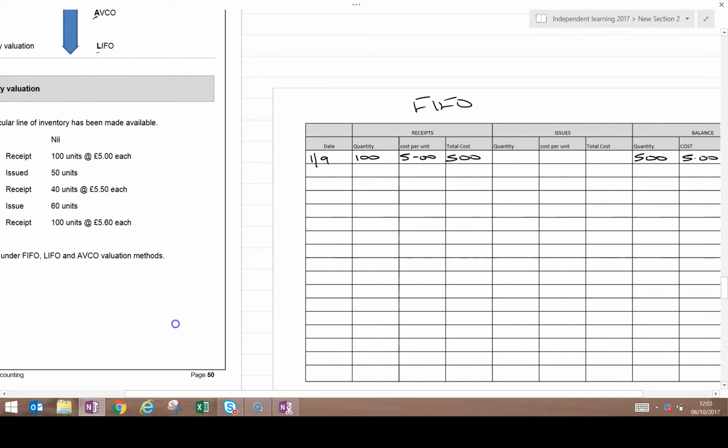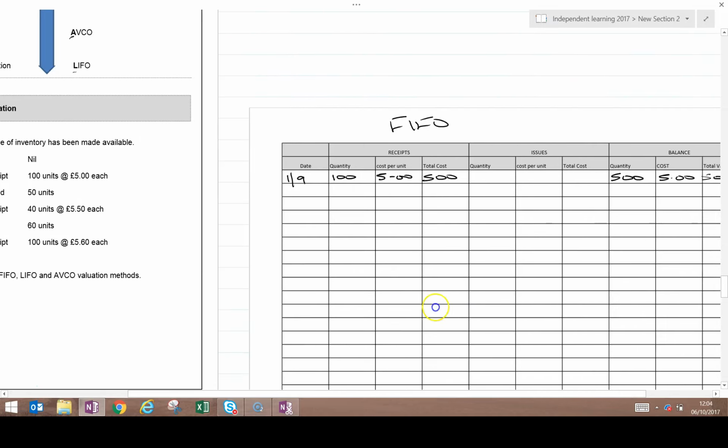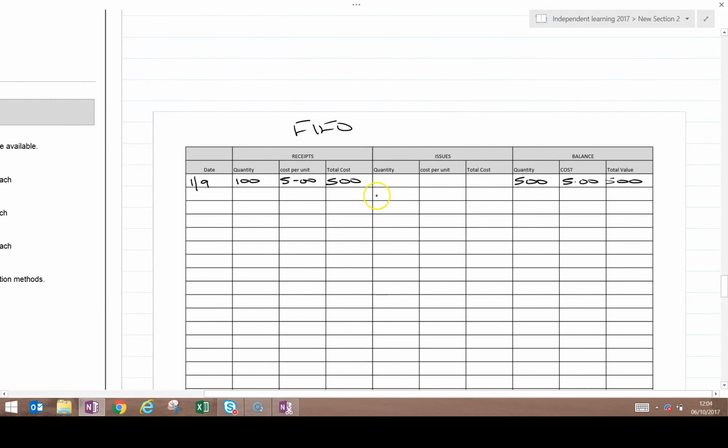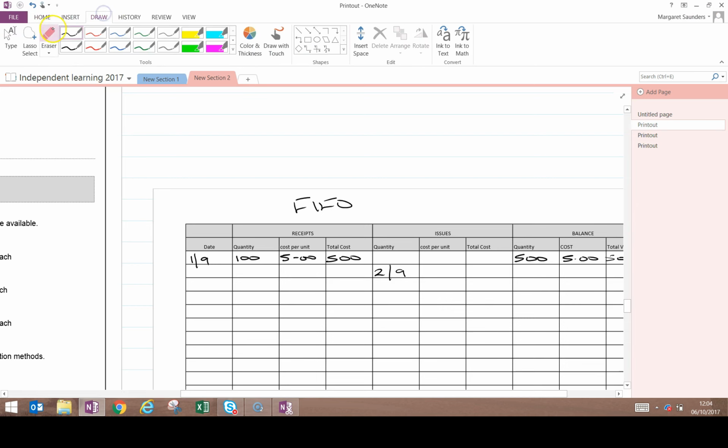Then the next transaction. So we issued 50, and that was on the 2nd. So 2nd of September, oh, sorry, that is in the wrong place. Let me just call up my eraser and rub that out. There we go. 2nd of September over here.